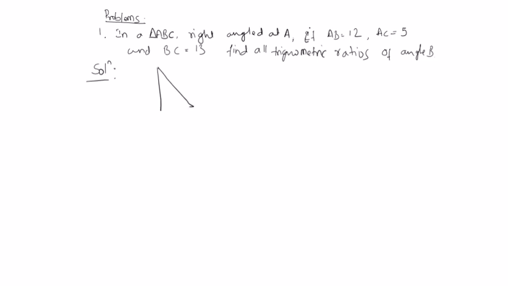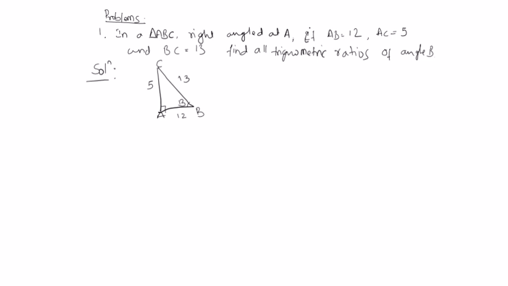Next it is given that the triangle is right angled at A. So this is angle A, then B, and next here we take C. And this we can take as angle B. Here it is given that AB equal to 12, AC equal to 5, BC equal to 13. Then find all trigonometric ratios of angle B.